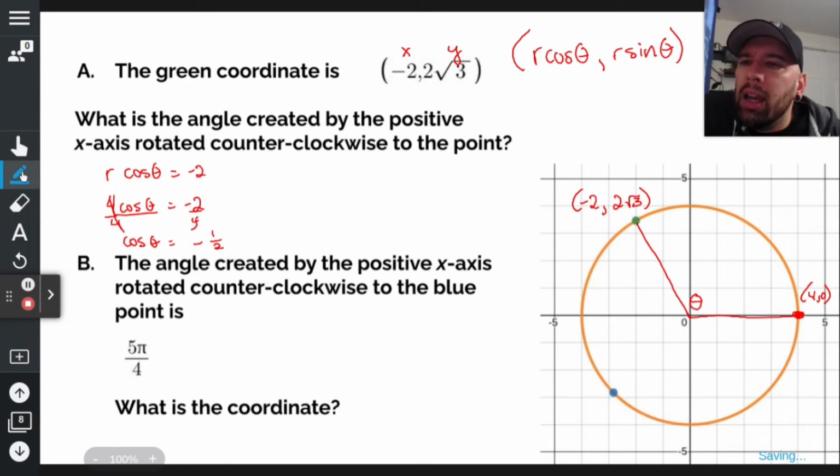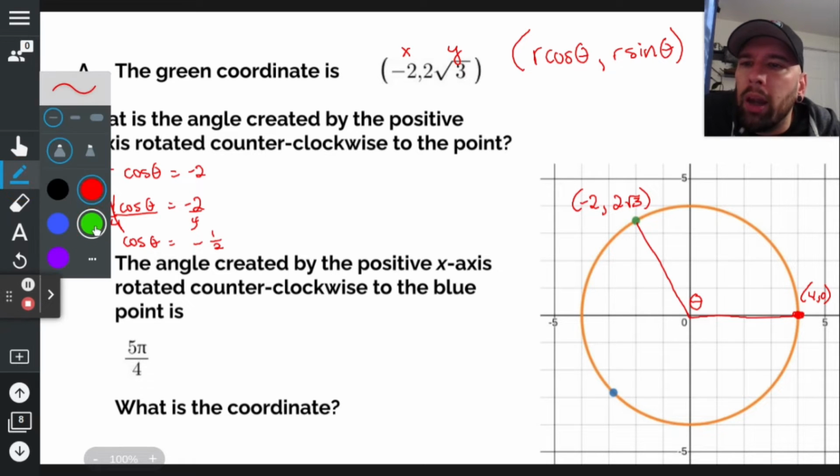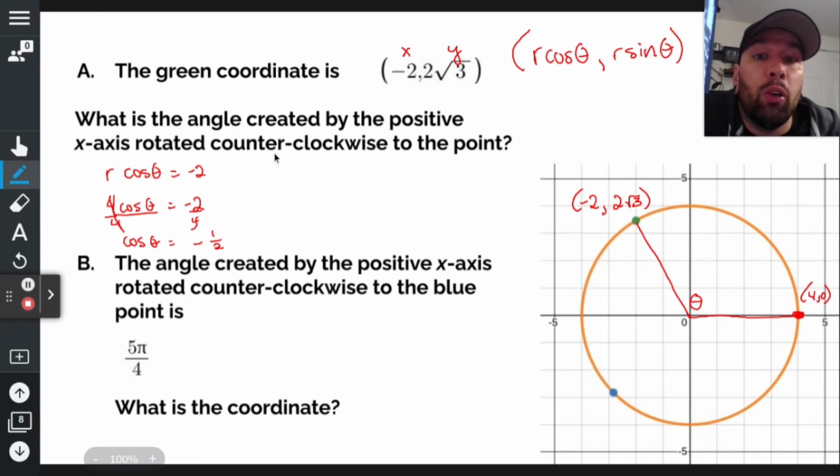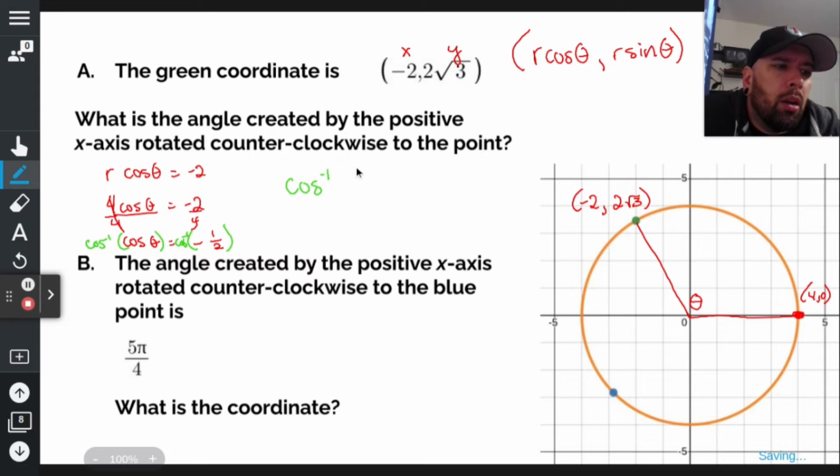Now, the way I get rid of cosine so I can find theta, the angle created by the positive x-axis, is to take the inverse cosine of both sides. The inverse cosine of -1/2 is going to be 2 pi over 3.